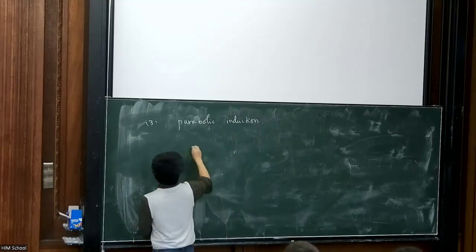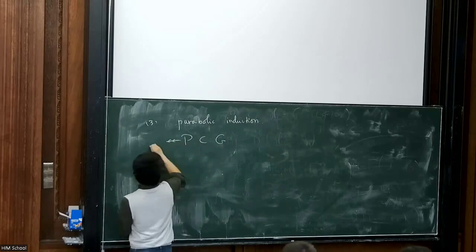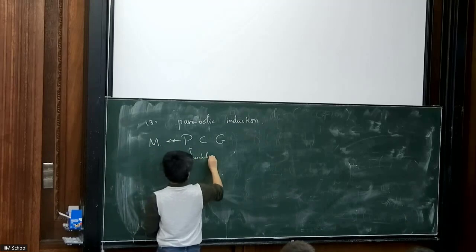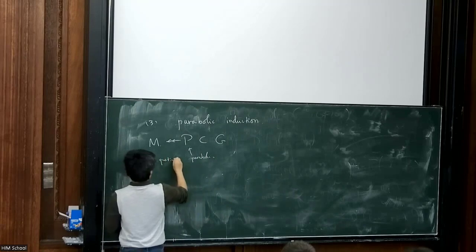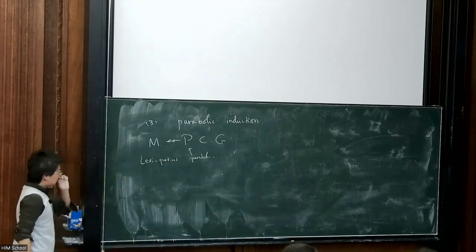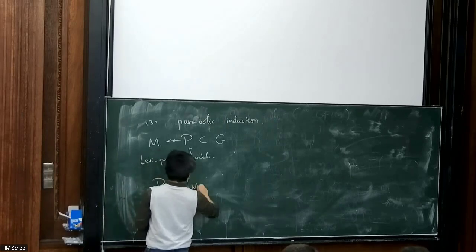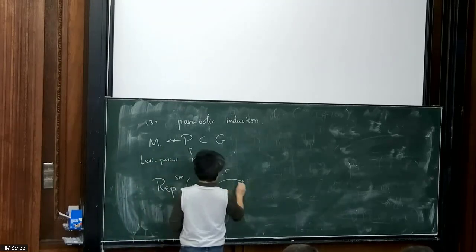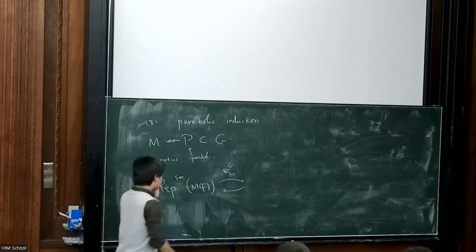So recall that if you have a G, if you have a parabolic subgroup and take M its Levi quotient, then on the representation theory side, you have representations of M(F), smooth representations. You can do parabolic induction and restriction.